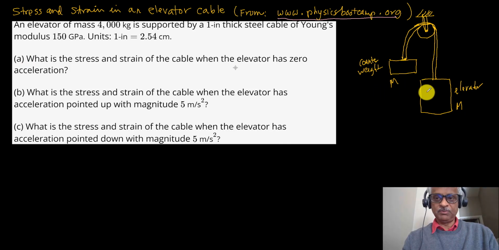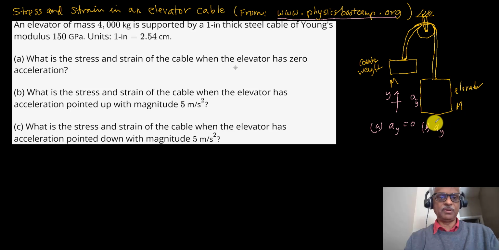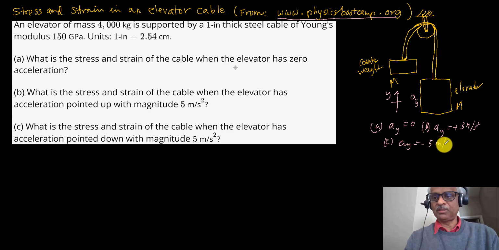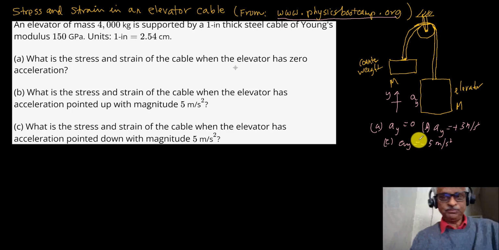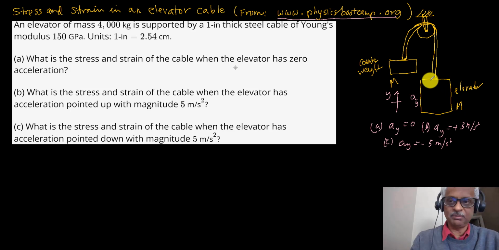So if this guy's acceleration is a, and this axis is the y axis, this will be some a_y. So a_y is 0 for part A. In part B, a_y is pointed up, so it's positive 5 meters per second squared. And in C, a_y would be pointed down, so it's going to be minus 5 meters per second squared.